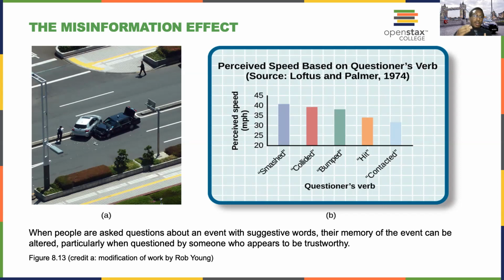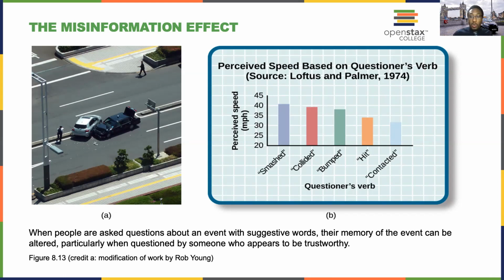Then they would change the verb that they used in asking that question for different groups of participants. They would say smashed to one group, bumped to some participants, contacted to some other participants. And what they found was that the type of verb used influenced the way people remembered the speed of the cars.